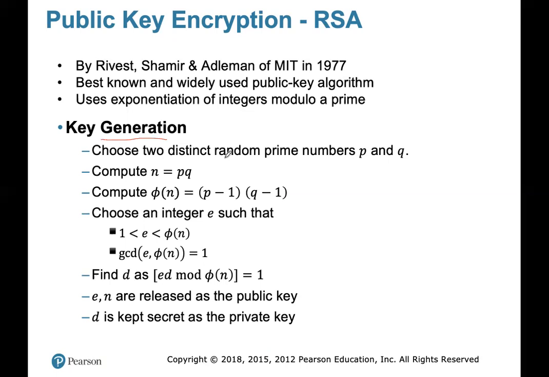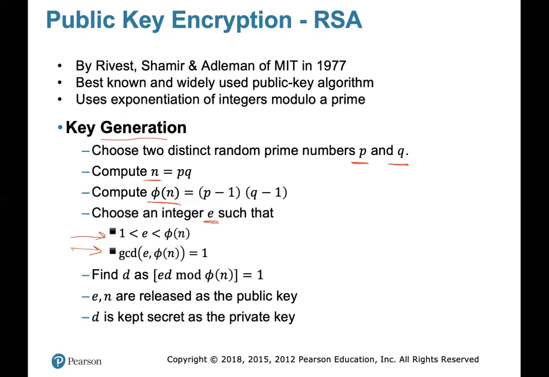This is how the algorithm generates keys. The algorithm starts with choosing 2 big random prime numbers, P and Q. Then we compute N, which is P times Q. We also compute phi of N, which is computed as P minus 1 times Q minus 1. And an integer E should be chosen with these 2 properties.